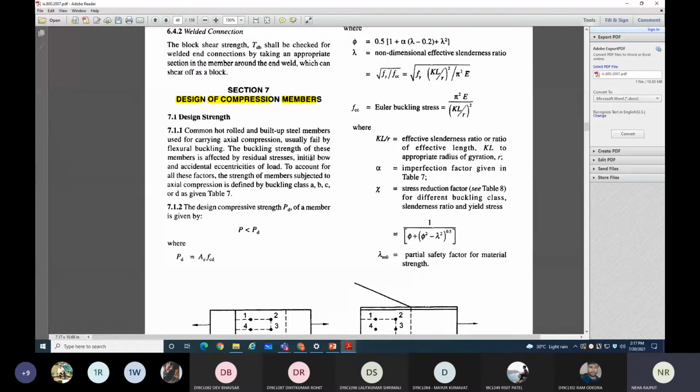So you know that these are the analysis of the column. Now in design, what are the criteria that you need to keep in mind for the safer design of the column, that we are going to see in this particular section number 7.